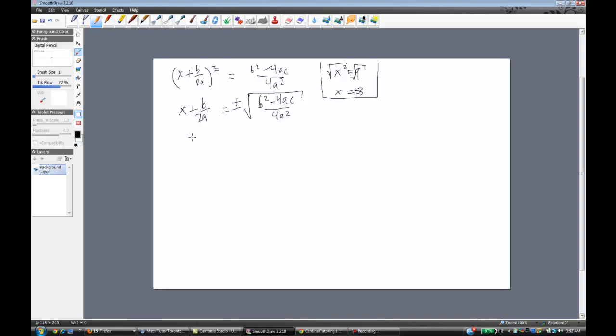Okay, so further simplify this by distributing the root over the numerator and denominator of the fraction.